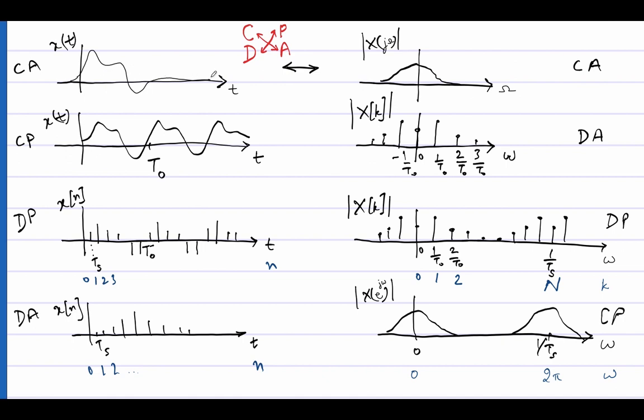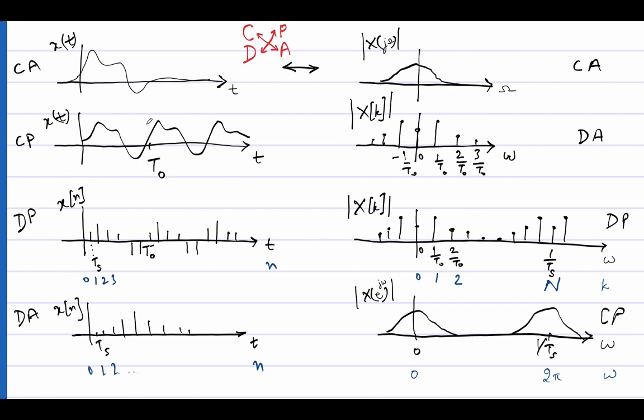This x(t) is continuous in time and aperiodic. The corresponding transform, since the signal is continuous, has to be aperiodic, and since the signal is aperiodic, the transform has to be continuous. So this is again continuous and aperiodic.